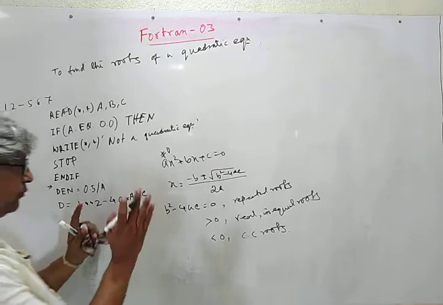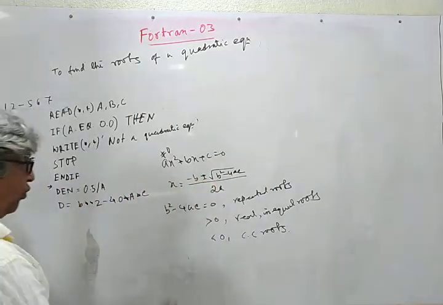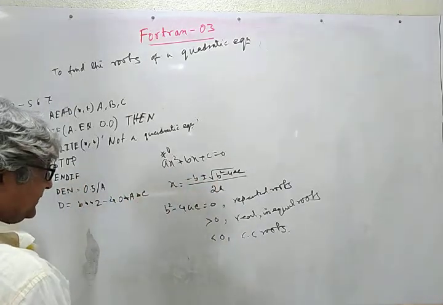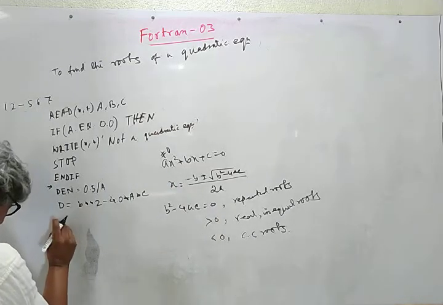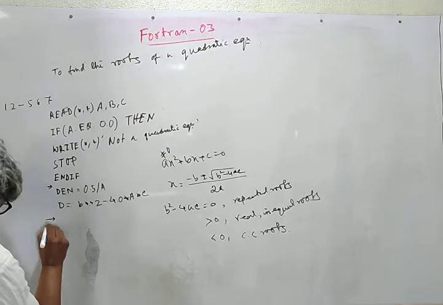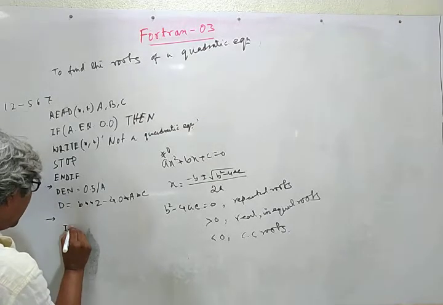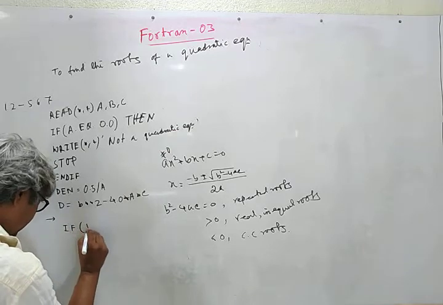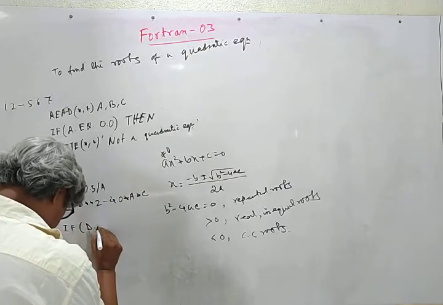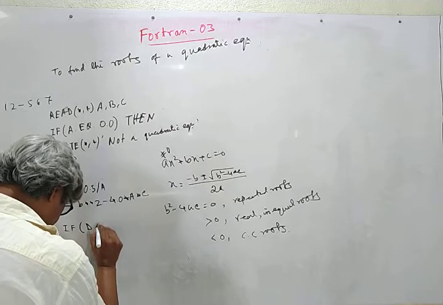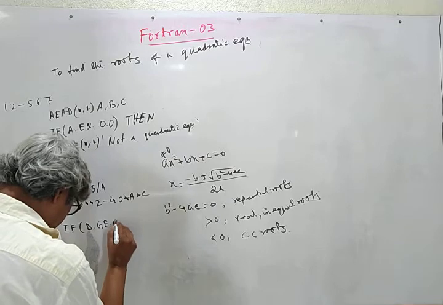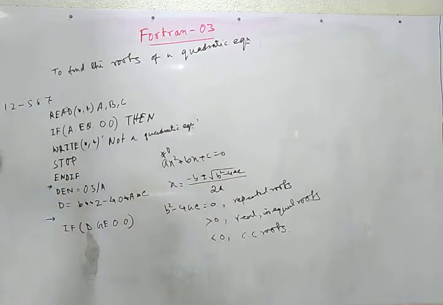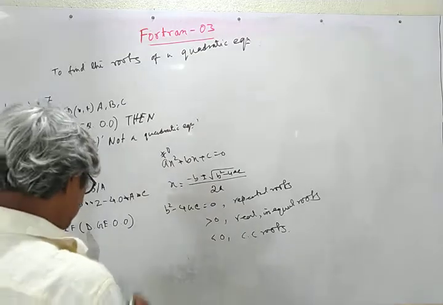Then we need to ask the question whether d is greater than 0 or less than 0, etc. So I keep a line of blank here and then ask the question, if d happens to be greater than 0, then the roots are real roots.